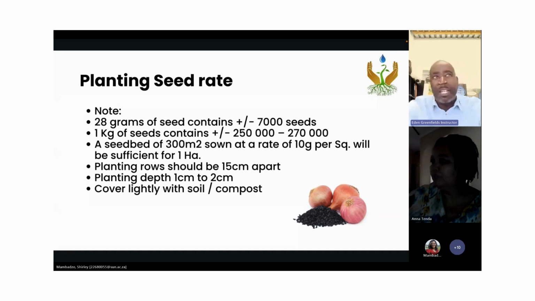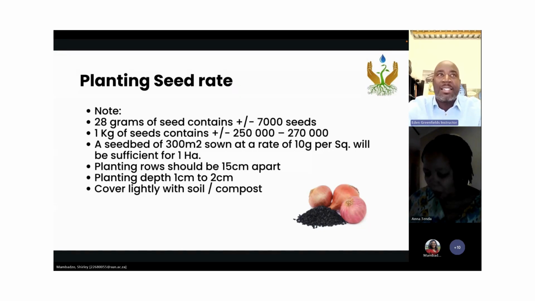That might be roughly around 28 grams, and that can contain around 7,000 seeds. And if you have 1 kg of seeds, that will contain plus minus 250,000 to 270,000 seeds.